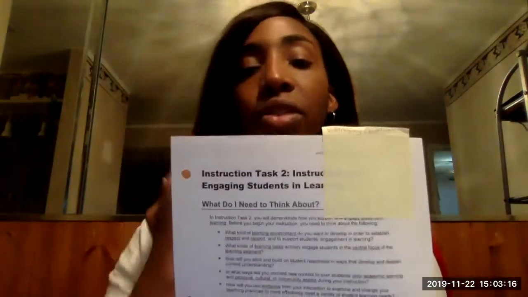From our handbook, we are going to grab pages 19, 20, and 21. These are the pages that let you know how to understand the components of the instruction commentary, things you need to think about, videotaping guidelines.